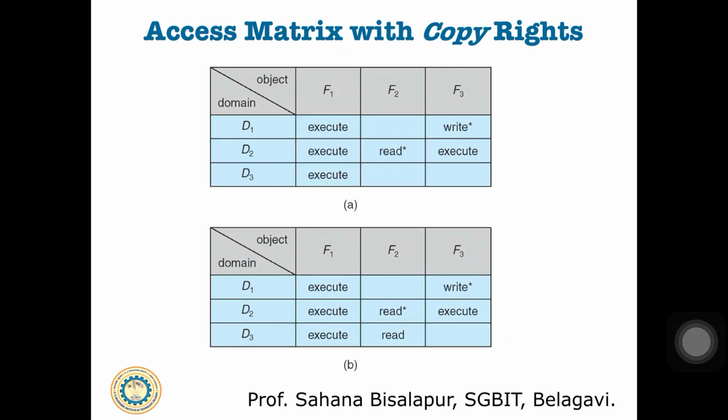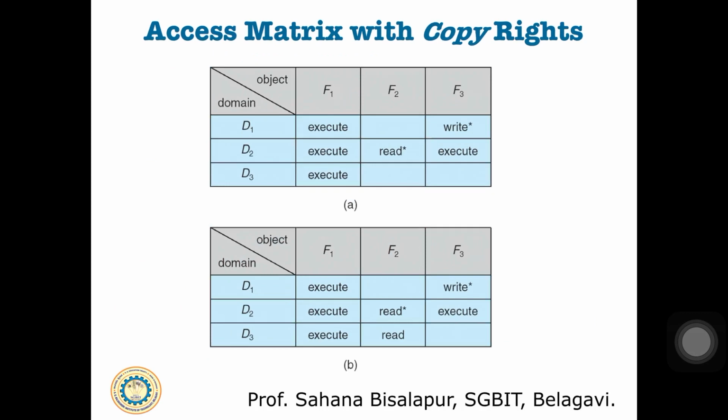As you can see in figure A, D2 is performing a read operation on F2 and it is marked by a star. That means you can copy this read operation into any entry in the same column, concerned only with file F2, for other domains. Hence the access matrix can be modified to the one shown in figure B.